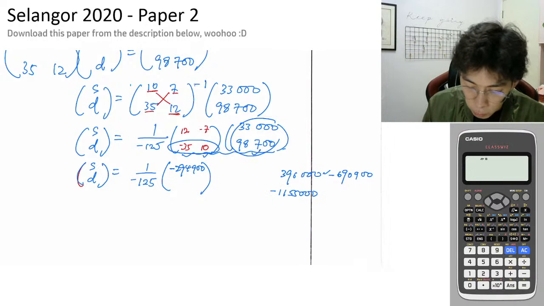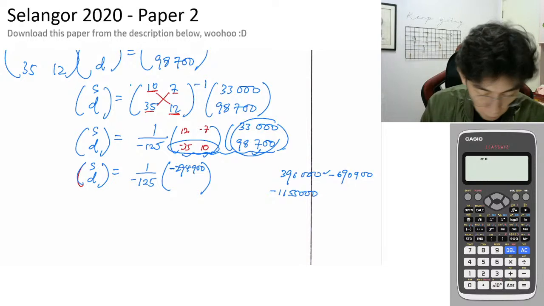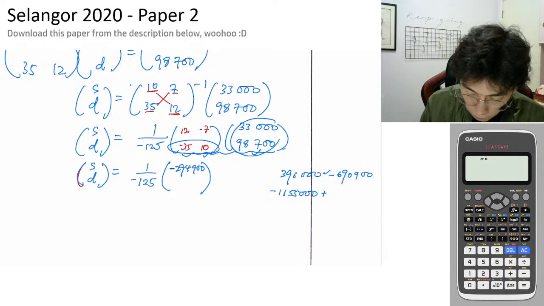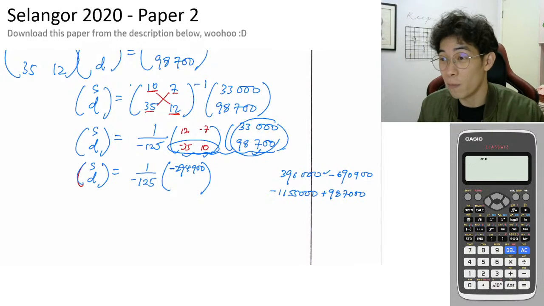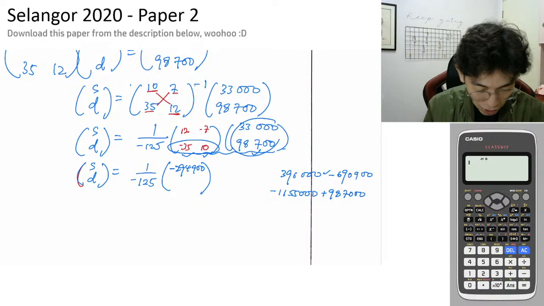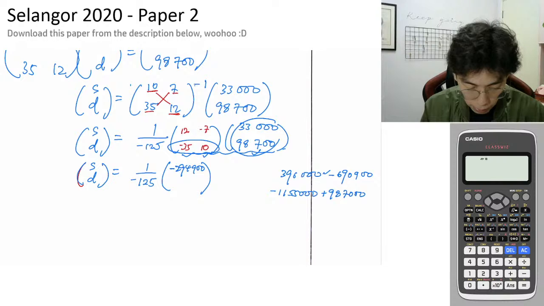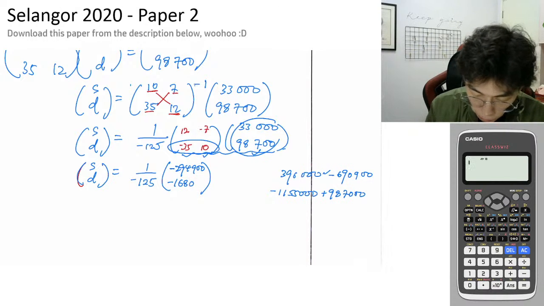And then this one and this one, you know, it's a positive, everyone. So this is plus 987000. So this one, you plus 987000, you will get negative 168000.